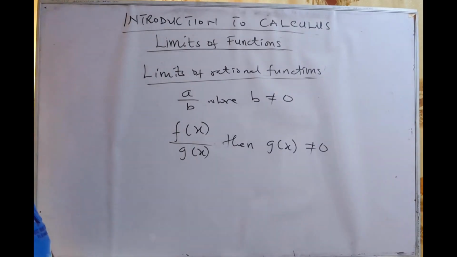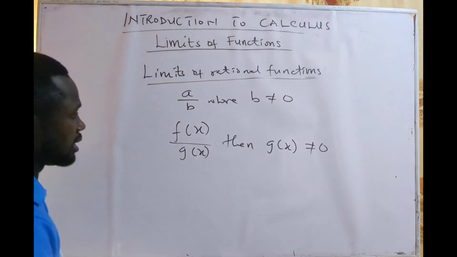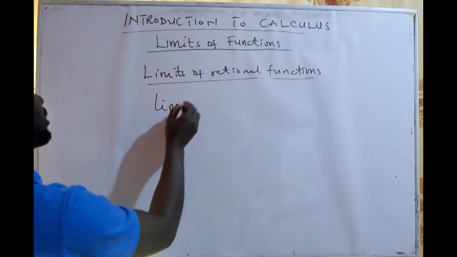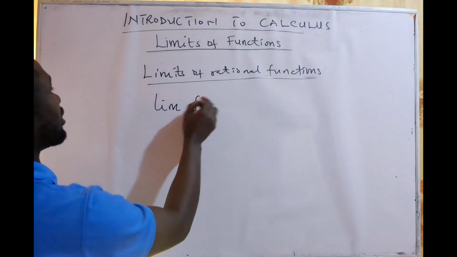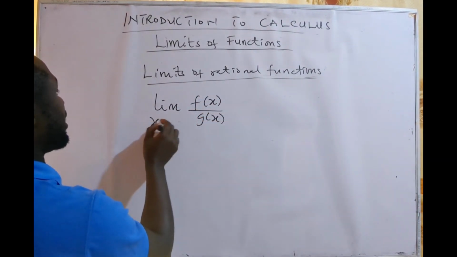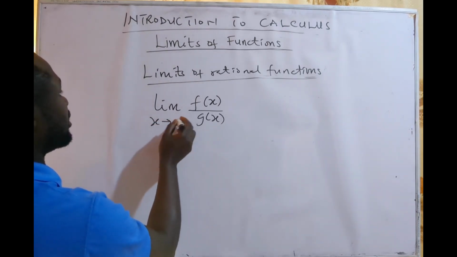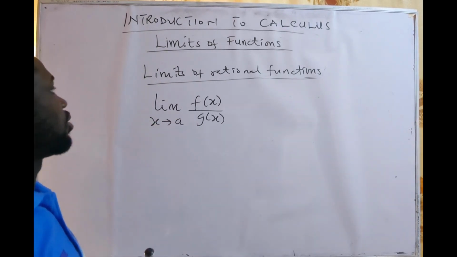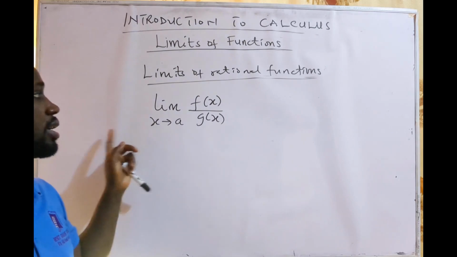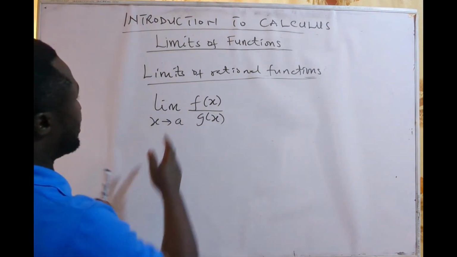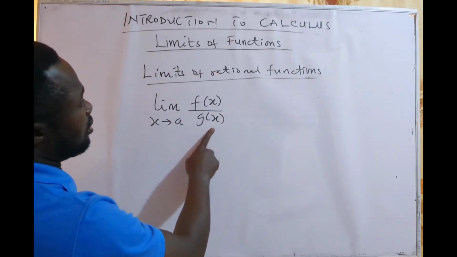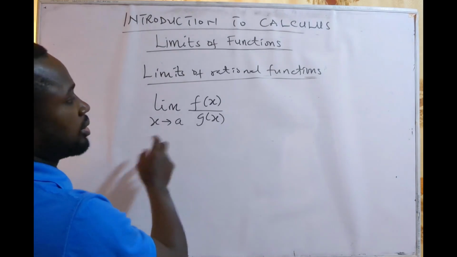So if you are finding the limit of a rational function, let's see how it will be. Let me say I have the limit of the rational function f of x divided by g of x, where x approaches a.